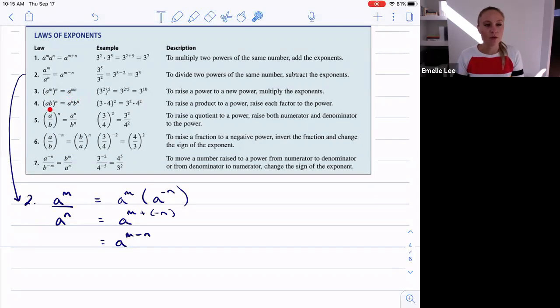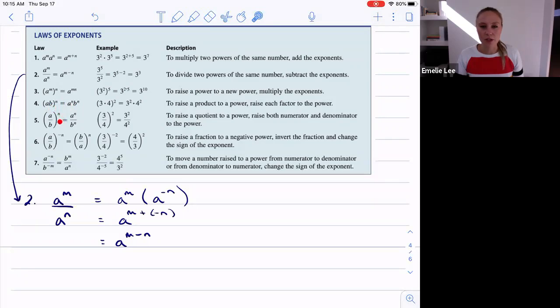Same thing if we've got two different bases, right? So now we've got a and b as our base, and then they're both to the power of n, right? So they're multiplying inside, and we've got the power of n. So then we're allowed to break up that power onto both a and b, right? But it's important that you do it on both, and not just the b, for example.